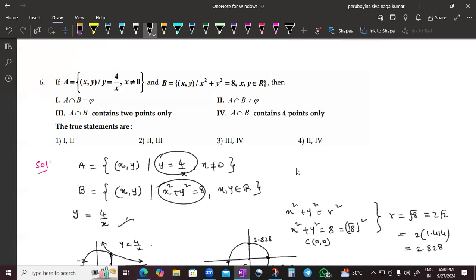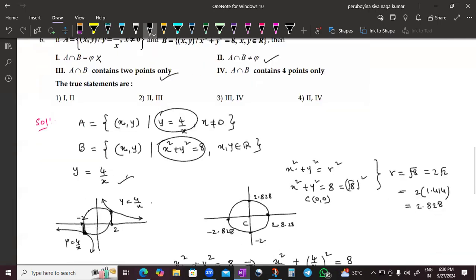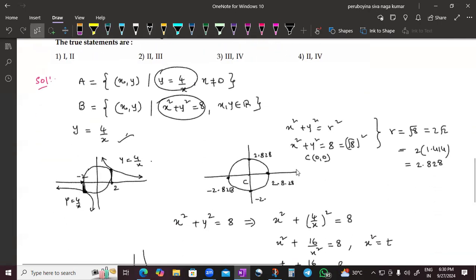The first option says A intersection B is equal to phi, which is wrong, because common points exist for both graphs. A intersection B contains 2 points, yes, this is correct. What are those points? X value 2 and x value minus 2.